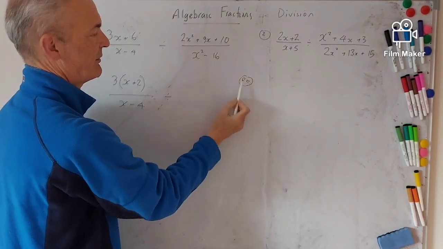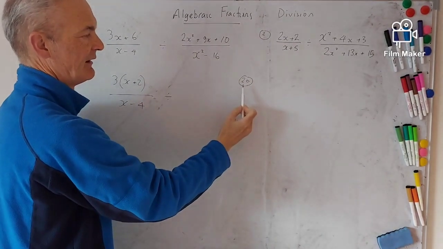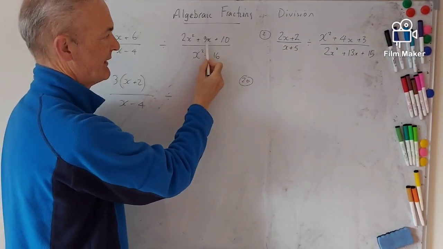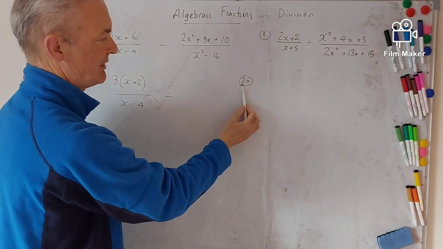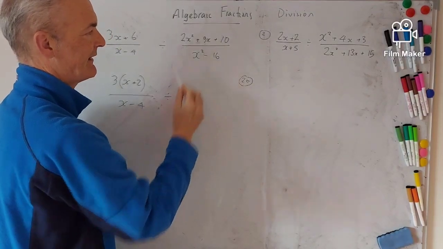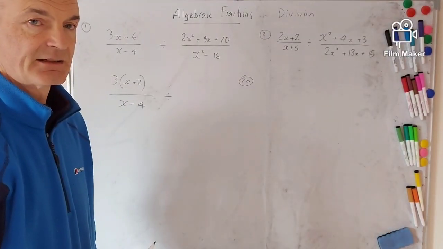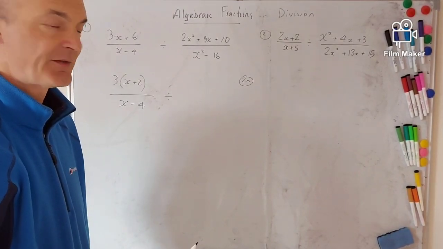So that one times that one gives us this 20. And I'm going to use this 20 to help me break down this 9x. So I'm looking for two numbers that multiply together to give 20 and add together to give 9. So hopefully you can see that those are 4 and 5, plus 4 and plus 5.